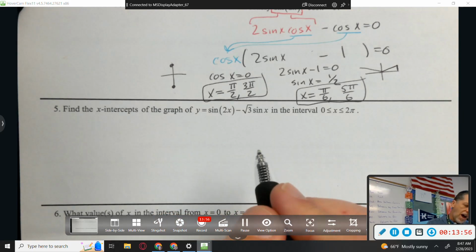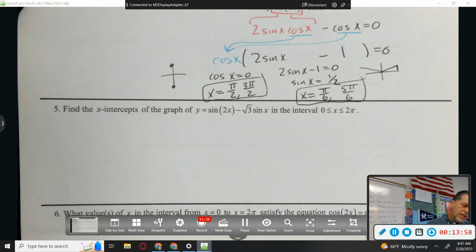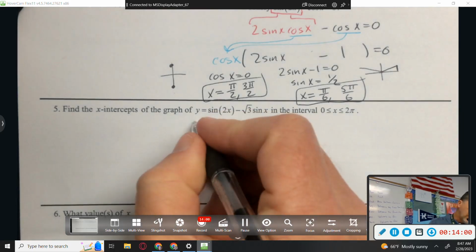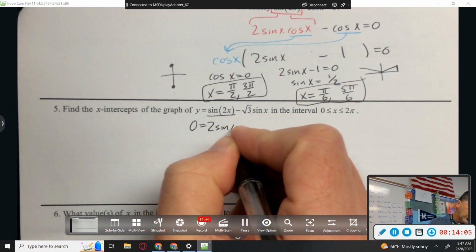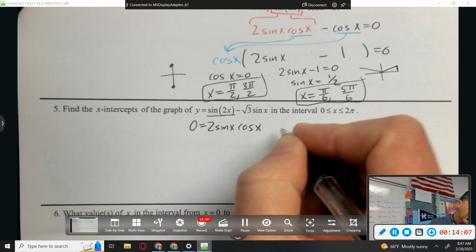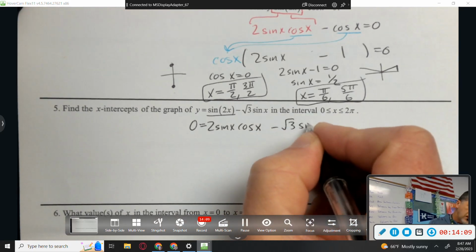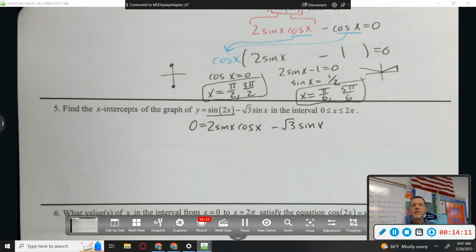Number 5 is really similar. Replace sine of 2x with 2 sine x cosine x. Like really similar. Because what do you want to do next?